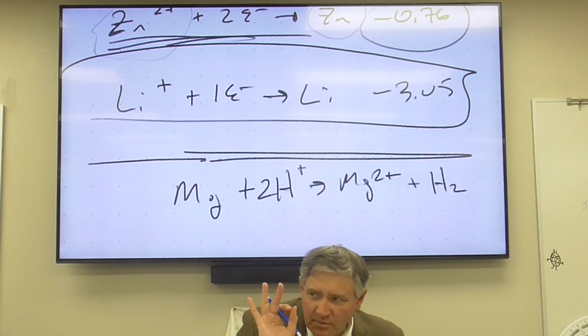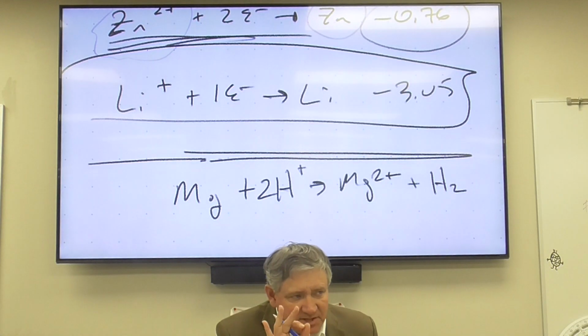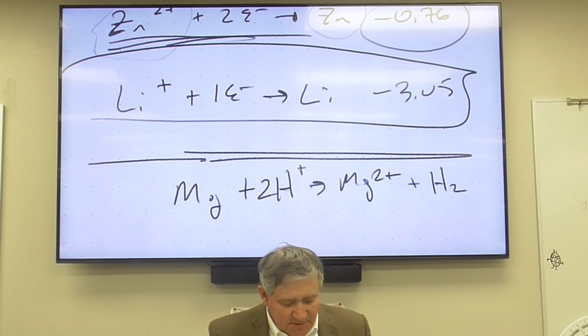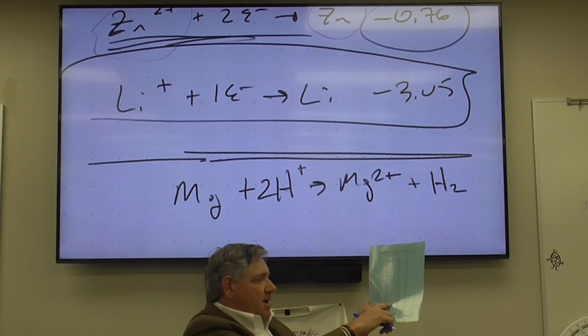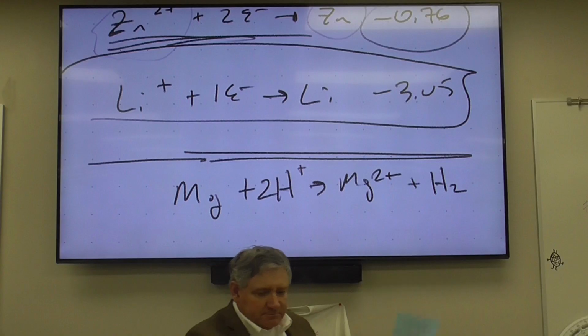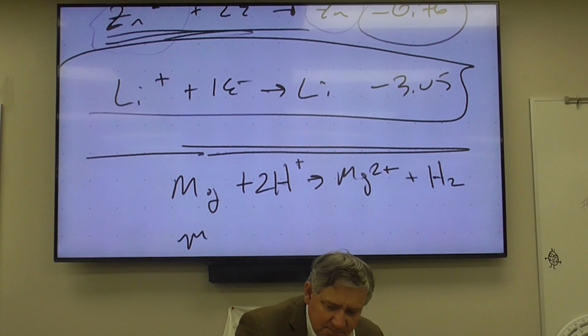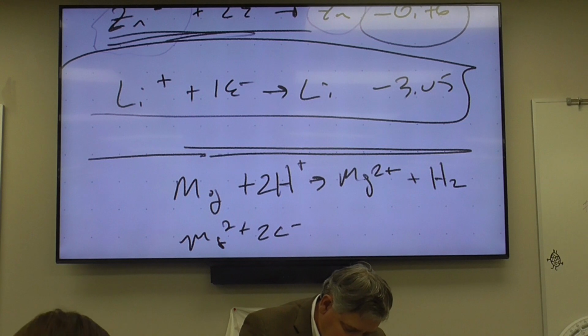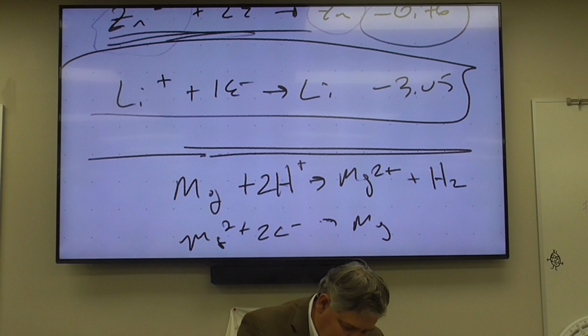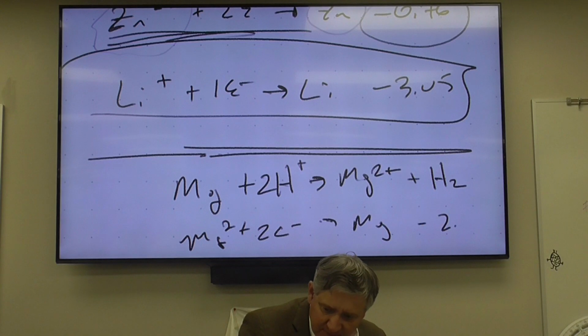So, this is the key. You have to understand what you are starting with. If you come down here, you can find magnesium about a fourth of the way up. So you have Mg2+ plus 2 electrons ending up with Mg, and that has a value of negative 2.37.